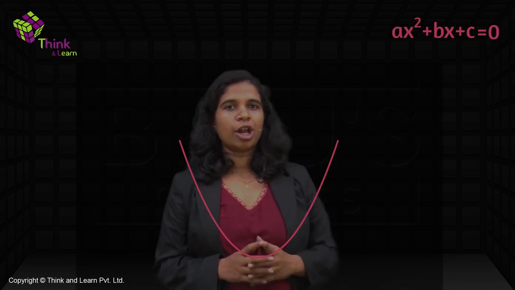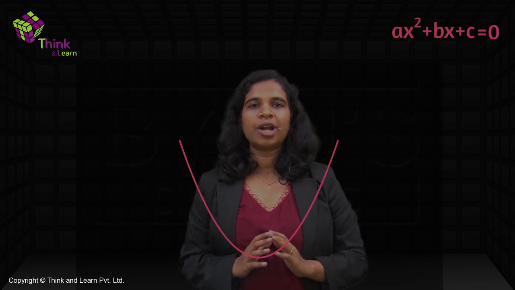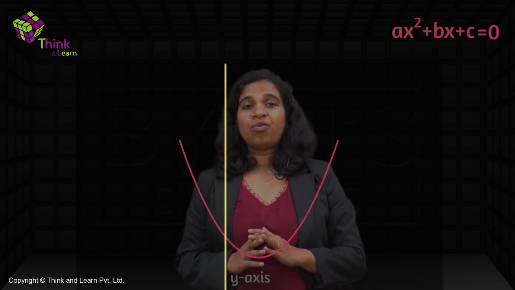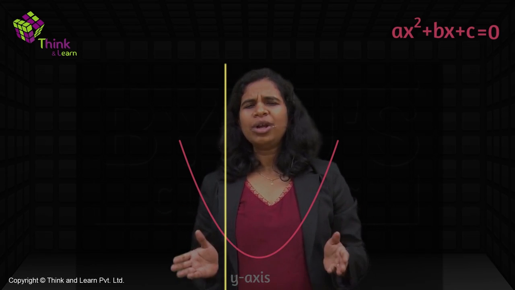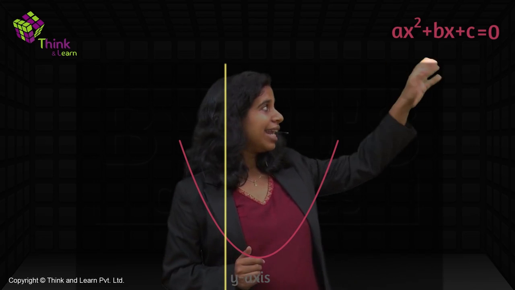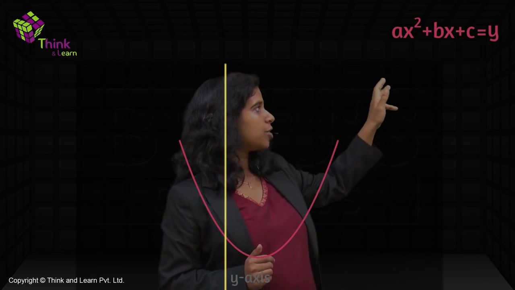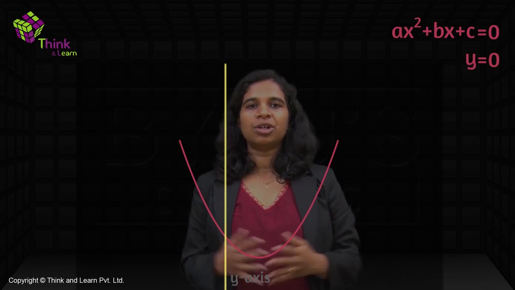So zeros of the polynomial. We need to find out, this is nothing but all possible values of ax squared plus bx plus c. This is the y-axis. Now we need to find out where the value of y is going to be equal to 0. What I'm doing essentially is, instead of writing ax squared plus bx plus c equal to y, I'm writing ax squared plus bx plus c equal to 0. In other words, I'm saying y is equal to 0.